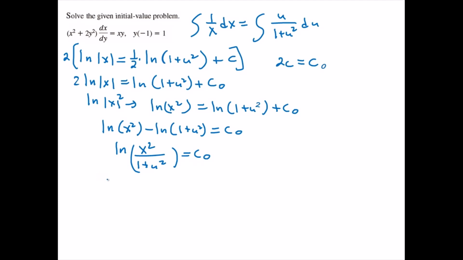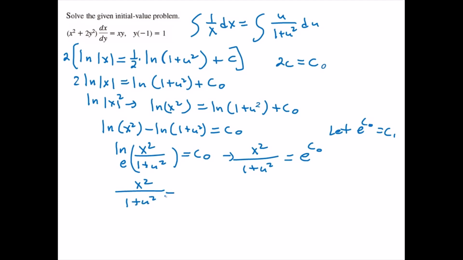And then what we can do is we can note that this is a base e logarithm. So this x squared over 1 plus u squared, that's simply going to be e to the c sub 0, or c naught. And what we can do is we can let e to the c sub 0 be equal to some constant c sub 1. So we'll get x squared over 1 plus u squared equal to c sub 1.